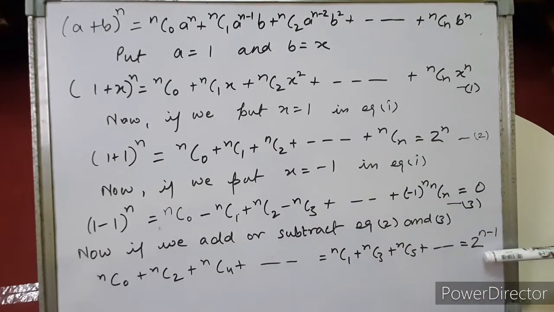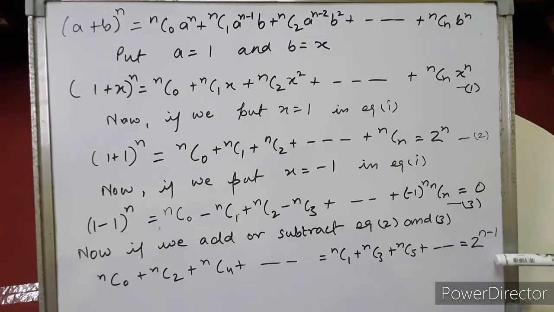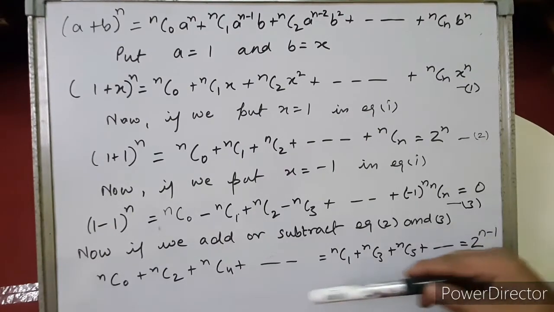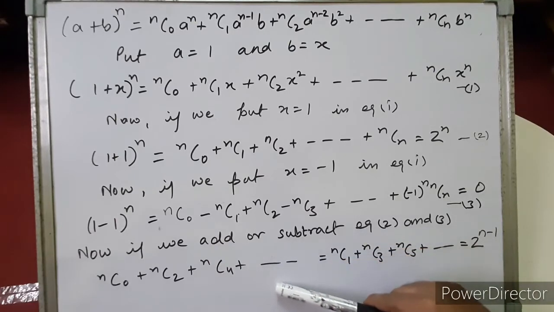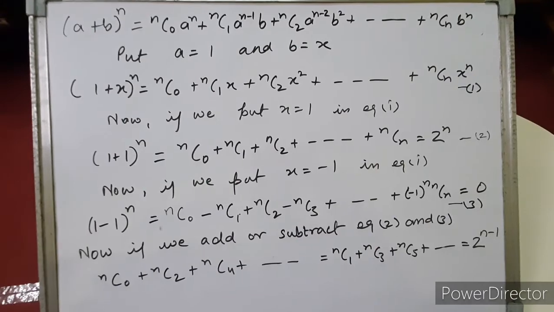So here we'll get the sum of binomial coefficients nC1 plus nC3 plus nC5 as 2 to the power n minus 1. That means whether you write nC0 plus nC2 plus nC4 plus, and so on, or you write nC1 plus nC3 plus nC5, you will get the same result, which is 2 to the power n minus 1. Alright children, please note down.